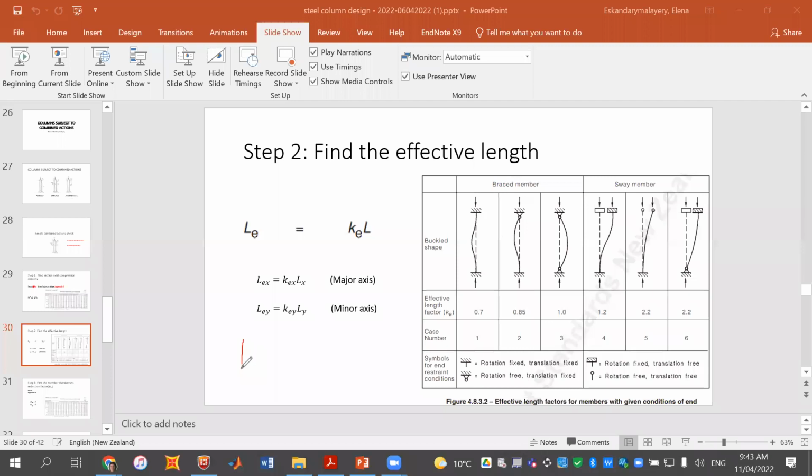if we have a frame like this, for this column, if you consider this column, because the top part allows to move, so it can move.